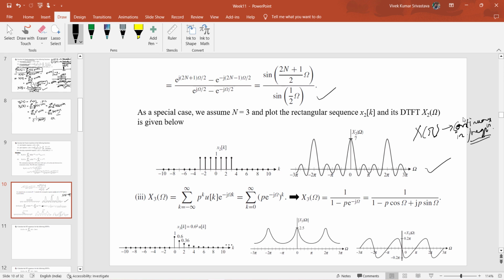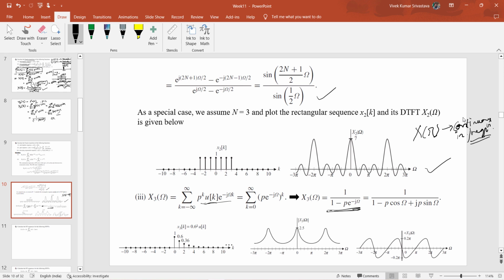Similarly, in the third part we have seen a decreasing exponential function, and corresponding to this we got this expression, the discrete time Fourier transform.